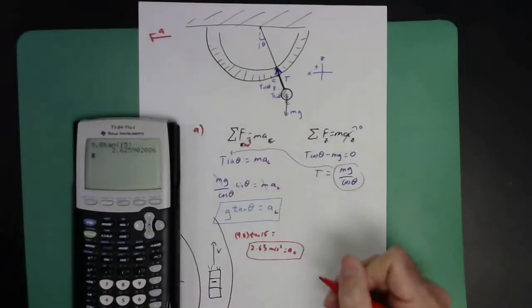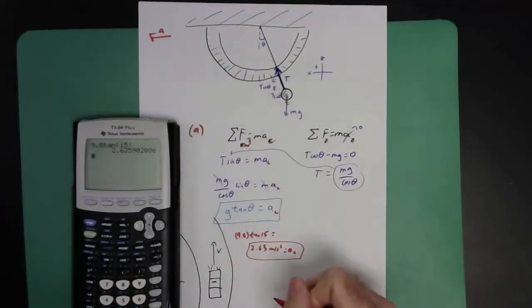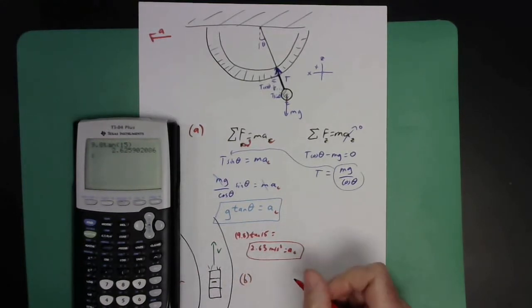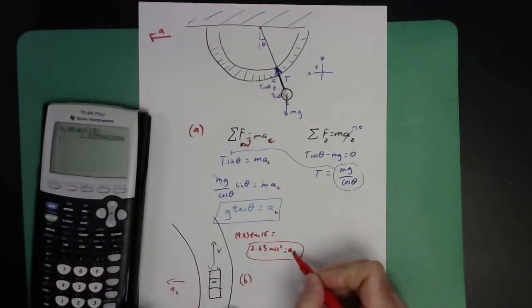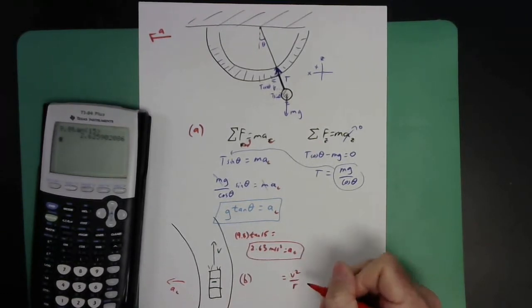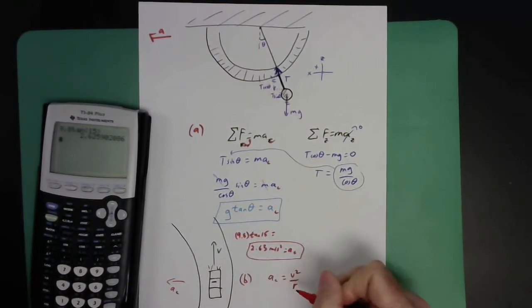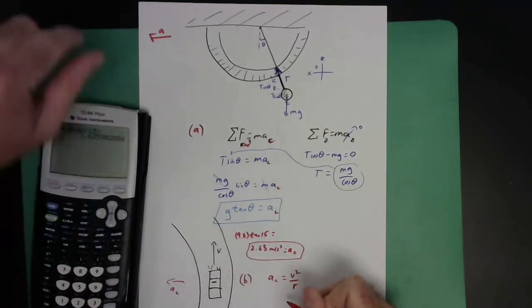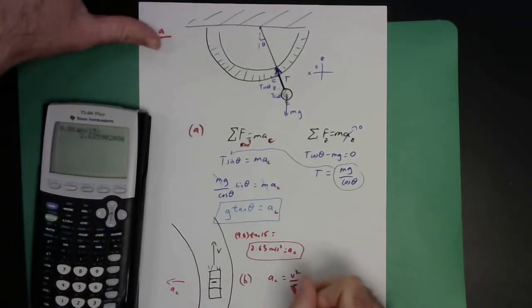Part B says, what's the radius of the curve? Well, the centripetal acceleration is equal to v squared over r. To find the radius of the curve, I'll just rearrange this: r is v squared over a_c.